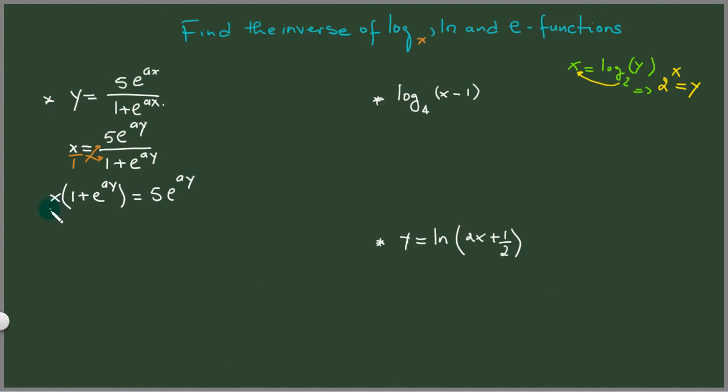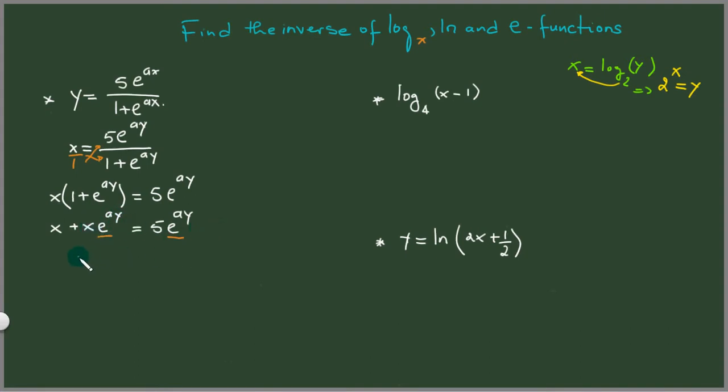Okay, and now we can multiply out of the parentheses, and that will give us x plus x e to the y equal to 5 e to the y. Now as you can see, we can bring these two terms, e to the y, together by sending this one to the other side.